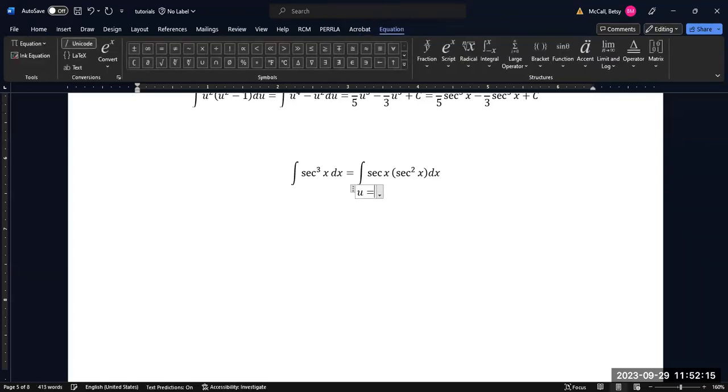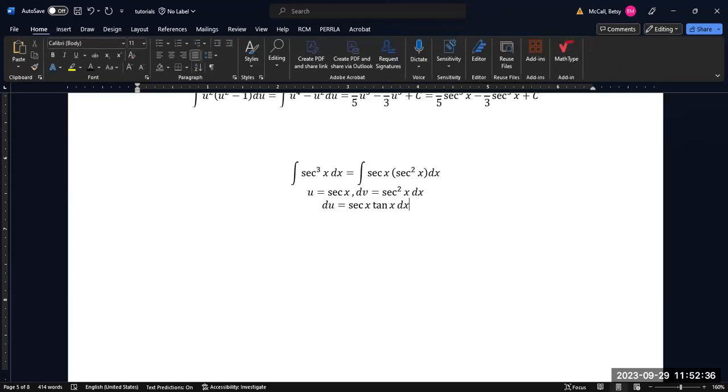So we're going to let u be secant x and dv be secant squared x dx. And that means that du, our derivative of secant, is going to be secant x tangent x dx. And v is the antiderivative of secant squared, which is going to be tangent x.